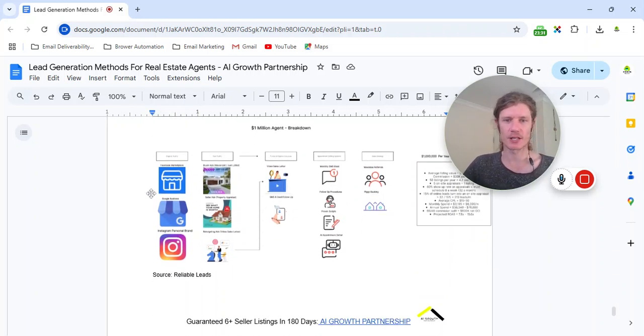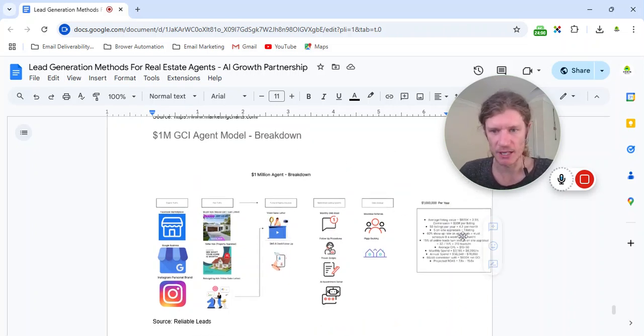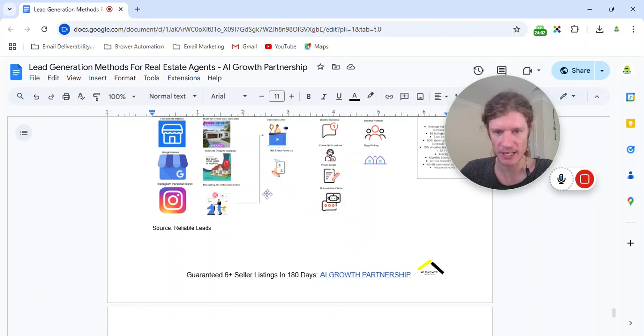This is actually what Reliable Leads is using, and they're using digital strategies pretty much exclusively. They're using organic and paid media to generate leads, which they then call and follow up with. And then they've got the numbers of how they're doing that.